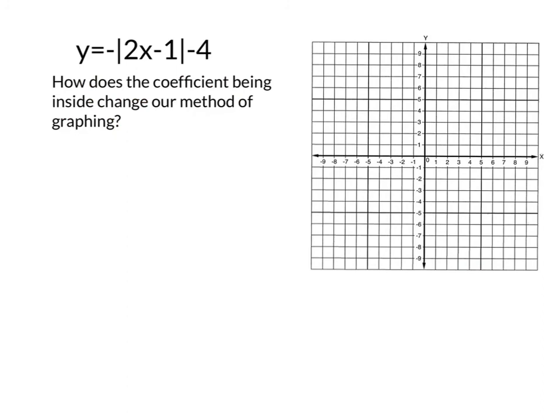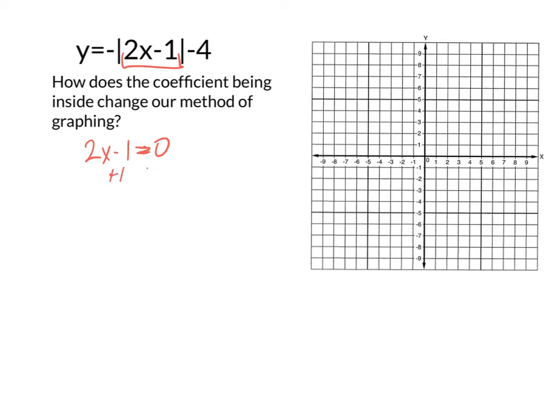We're going to look at what happens and how it is different if the coefficient is inside the absolute value. And we talked about how that's a horizontal shrink factor of 1/2. And so that really affects the vertex because this is inside. So when the coefficient is inside, we have to take this 2x minus 1, set it equal to 0, because the vertex happens where inside the absolute value equals 0.